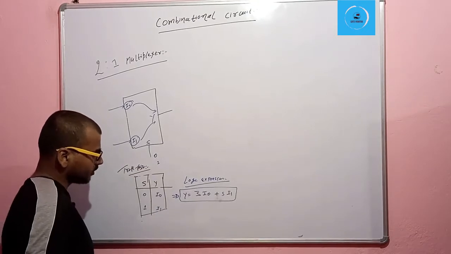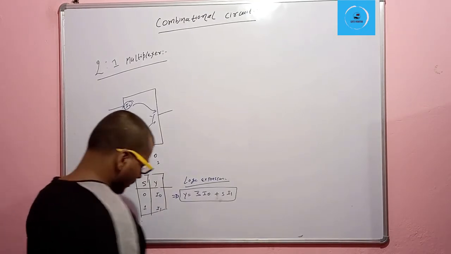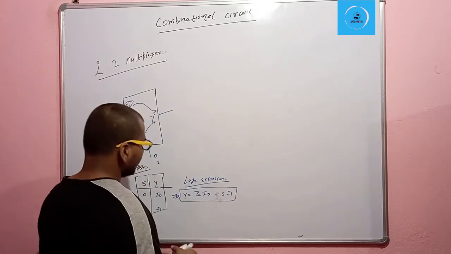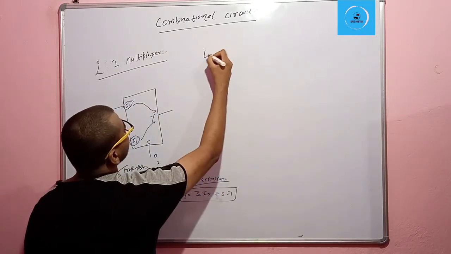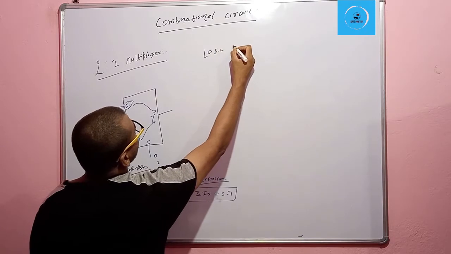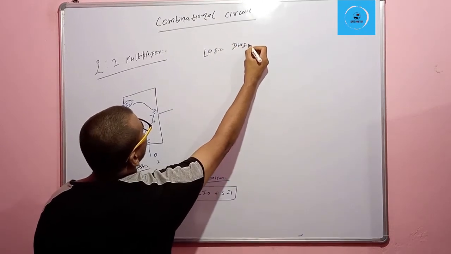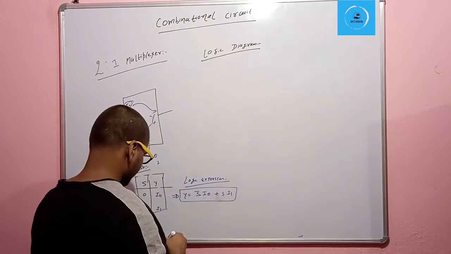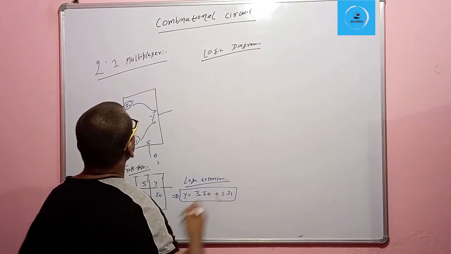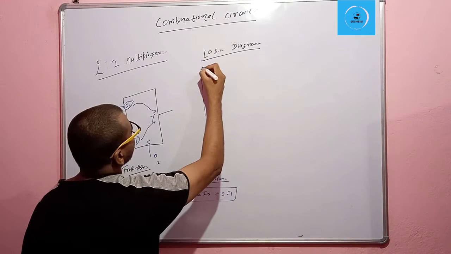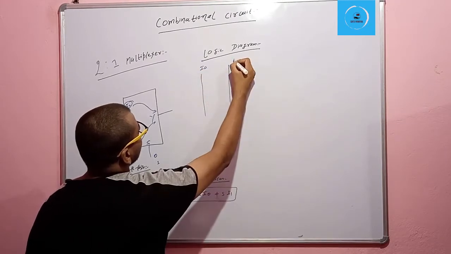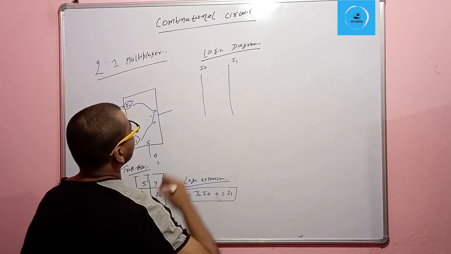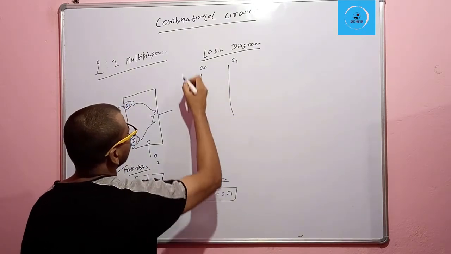Now let's see how we are going to get the logic diagram. Here we are going to give I0, here we are going to give I1, and here we are going to give the switch.